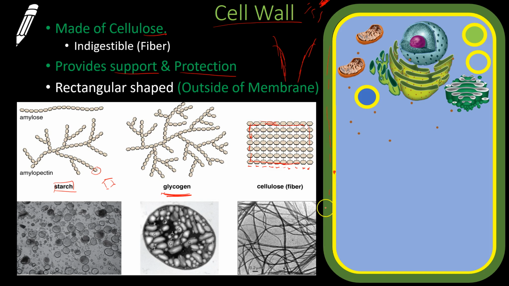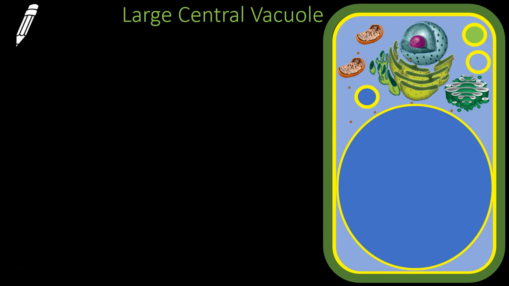If you ever heard of people talk about dietary fiber, make sure you eat lots of fiber. Well, fiber is actually cellulose, and we'll talk more about that when we get into the digestive system. But make that connection. Anytime you see fiber on a food label or hear anybody talk about fiber, part of that fiber is the plant cell wall, and it's indigestible, and we'll talk about that later on in the year.